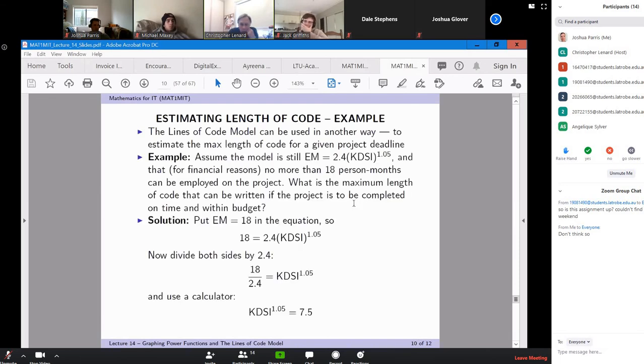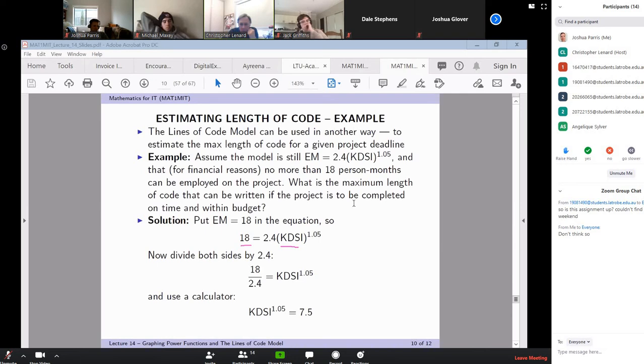So what we're saying is, we know what the effort months is, but we don't know how much code we need or we can write. So we solve for this, and we've got an unknown here multiplied by 2.4, so let's divide by 2.4.